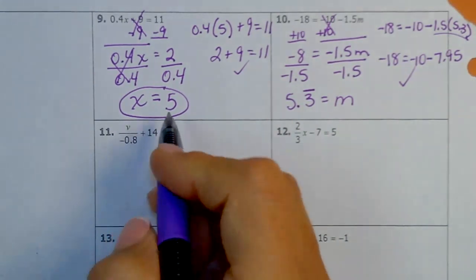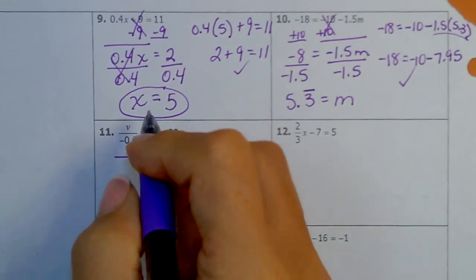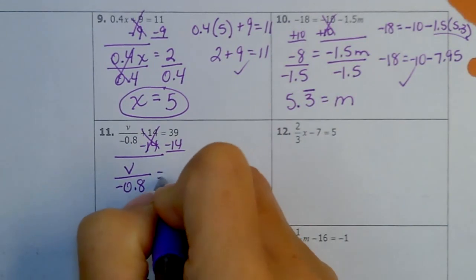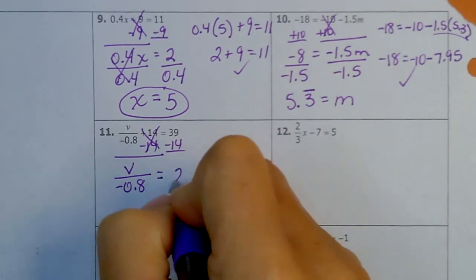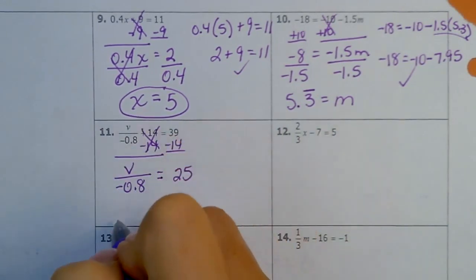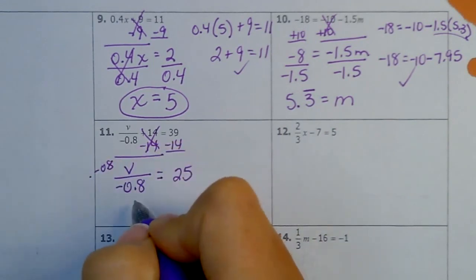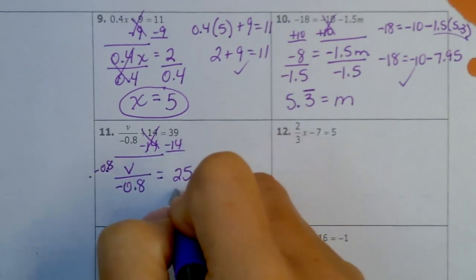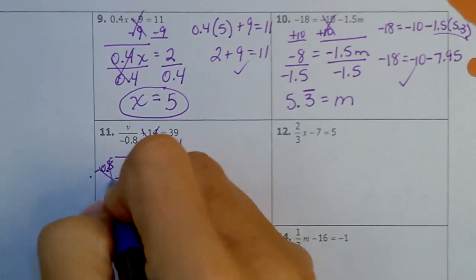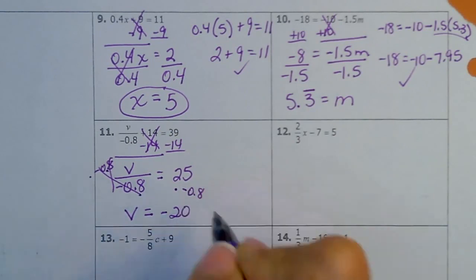Number 11, undo addition and subtraction first. x divided by negative 0.8 equals 25. So I need to multiply times negative 0.8, and if I do that on this side, I have to do that on this side. So I'm left with negative 20.